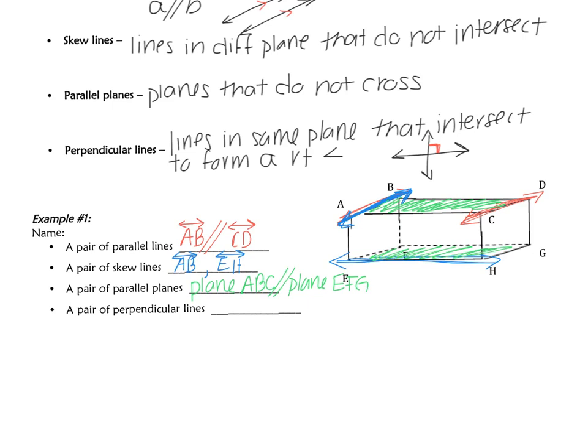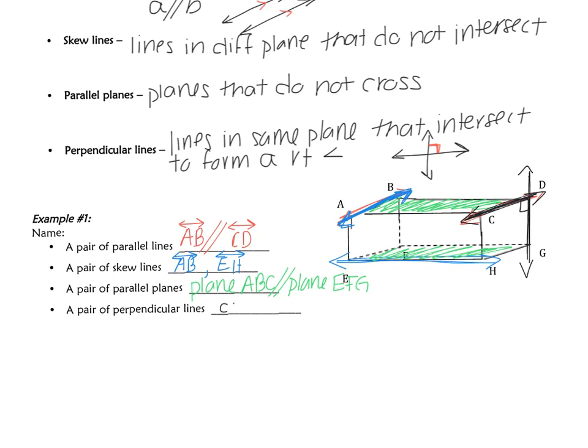Last thing is my perpendicular lines. So perpendicular lines are on the same plane and they intersect to form a 90-degree angle. So if I look at CD, CD is perpendicular to line DG. They'll form that 90-degree angle in that corner.